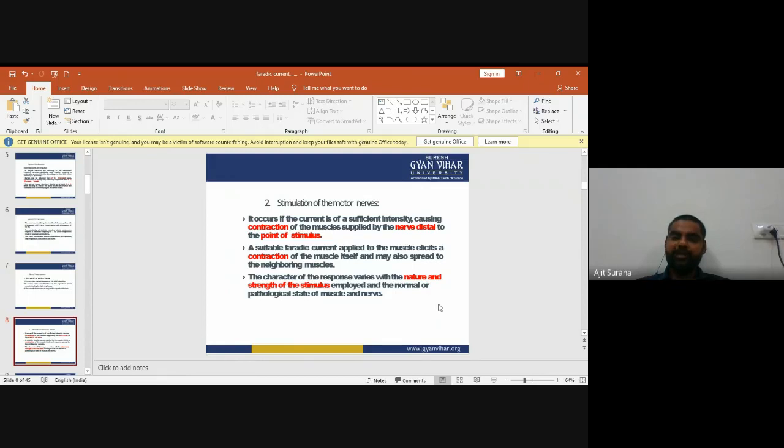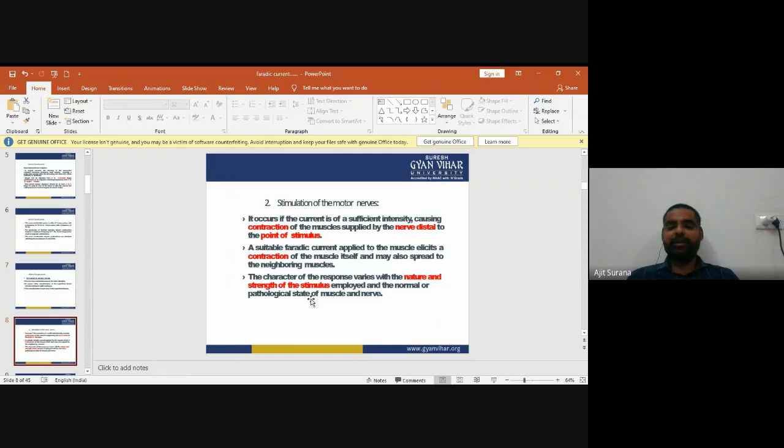It causes contraction of the muscles supplied by the nerve distal to the point of stimulus.